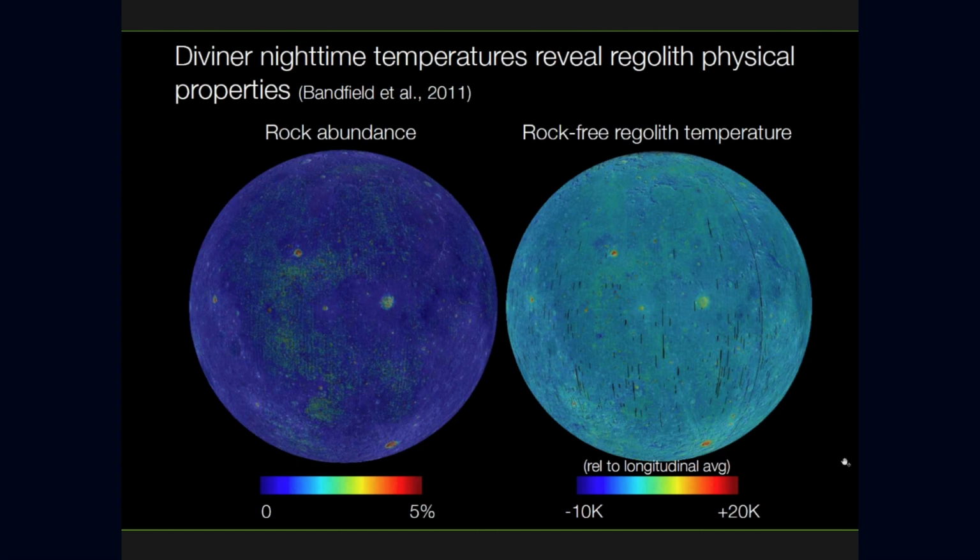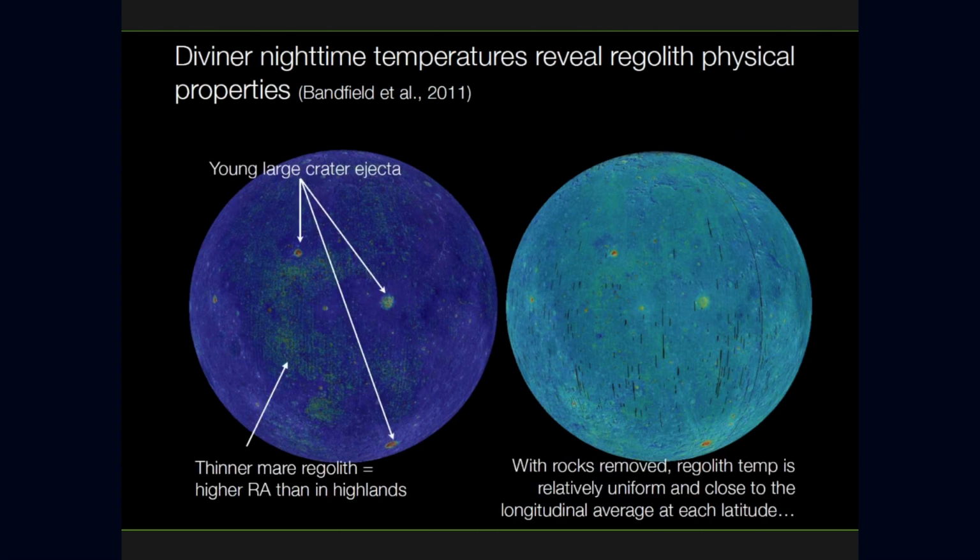On the next slide, you can see some obvious examples of variations across the moon in each of these indices. Clearly, large, young crater ejecta show many rocks, and so you can see those elevated rock abundances associated here with Aristarchus and Copernicus and Tycho.